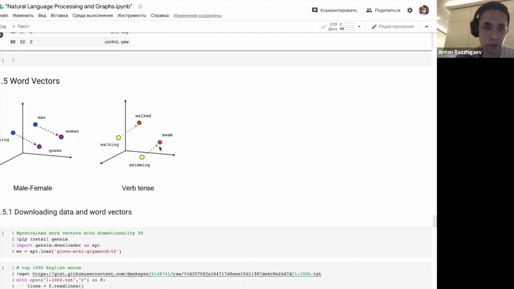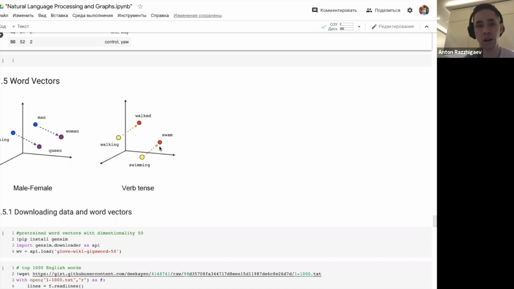Due to the distributional hypothesis, we can represent words through the frequencies of other words in the context of these ones. So we can create some vector space where we can map all words, and the semantic similarity of these words will be saved in this space.